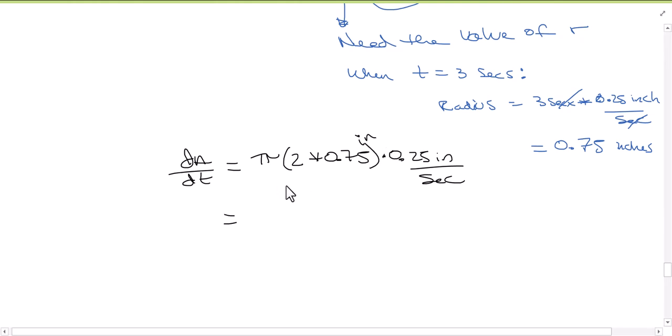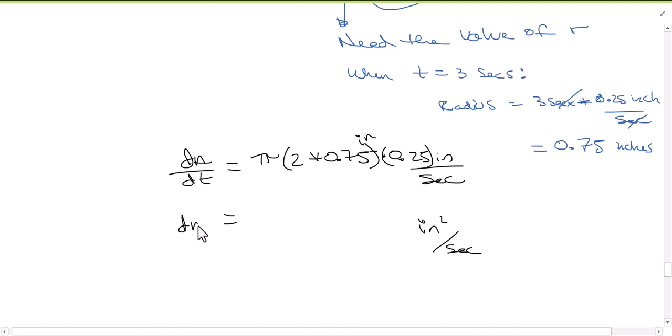And so when you do this, multiply everything: pi times 2 times 0.75 times 0.25 inches per second. Notice that our units are going to be inches squared per second, which makes sense because inches squared is a measurement of area. So the rate of change of area is in inches squared per second.